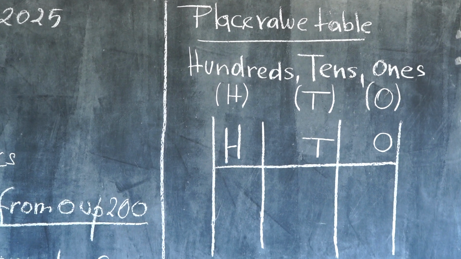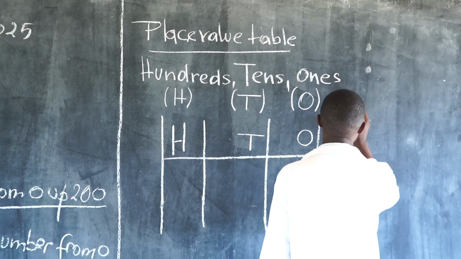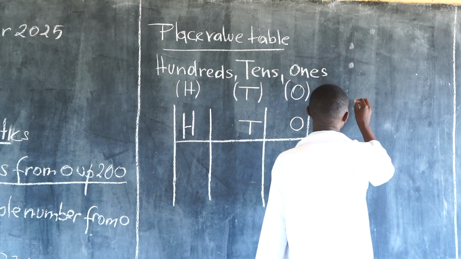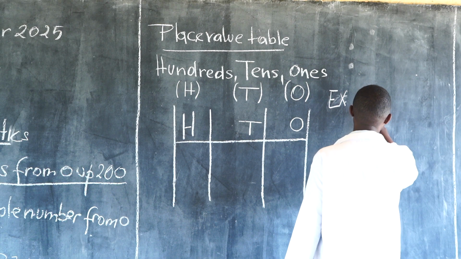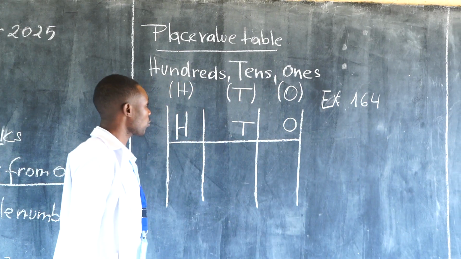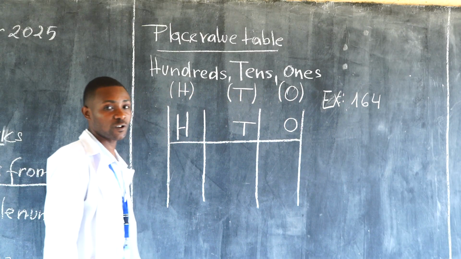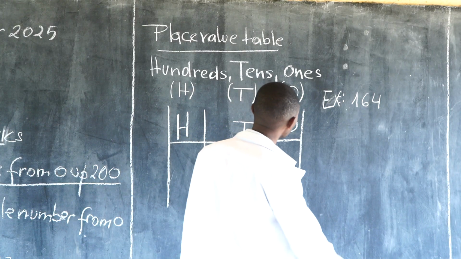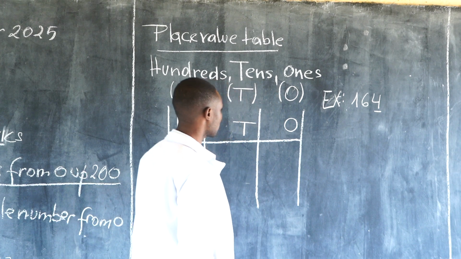In a place value table, for example, we have a number which is 164. Now let us see how we are going to put our number in the place value table. First of all, we have to see ones.